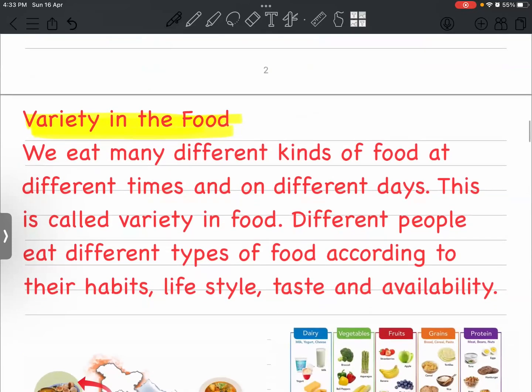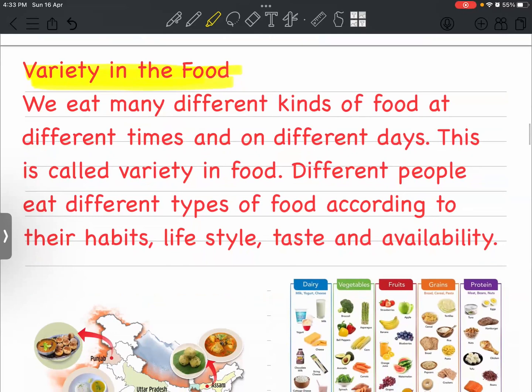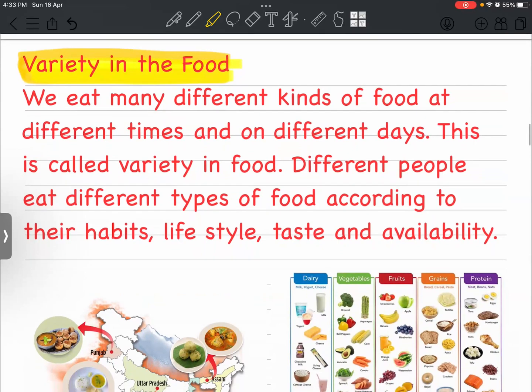Okay, Aswati. Yes, sir. Okay, moving on, we will talk a little bit about the variety of the different foods which we consume. So read the paragraph from here. Yes, Aswati, start reading from here.